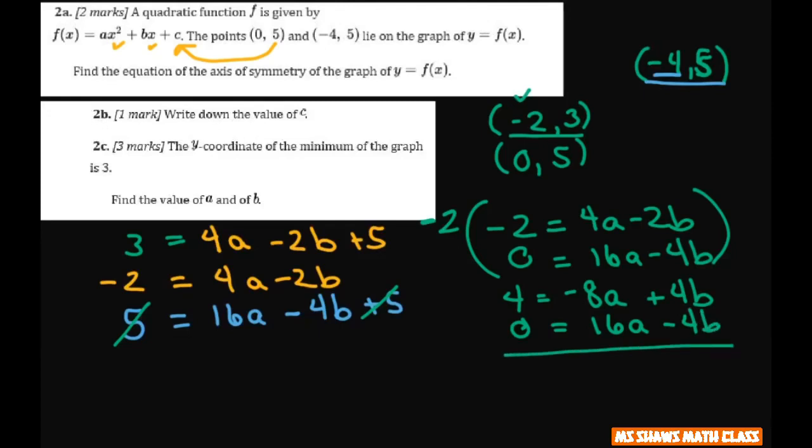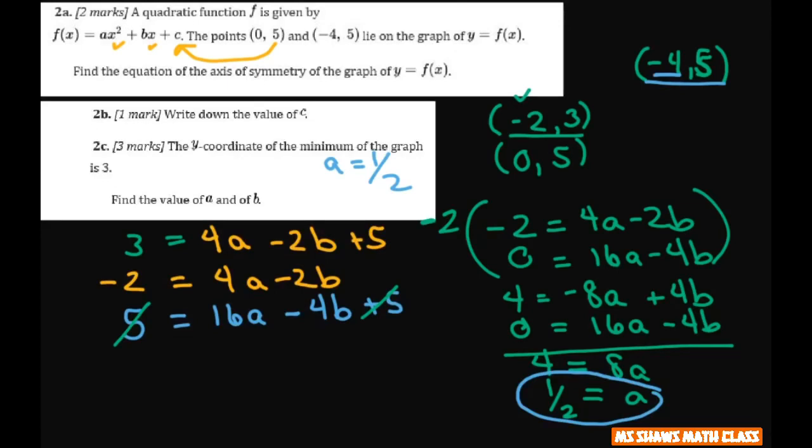So add these up, you get 4 equals 8a. And if you divide both sides by 8, you get a equals 1/2. So we have that, a equals 1/2. And now you just plug this 1/2 into another equation.